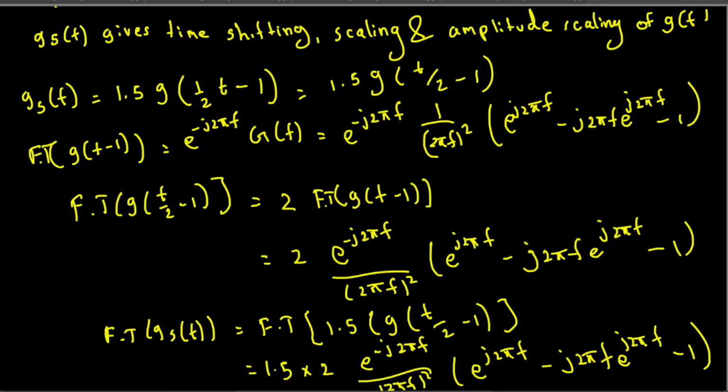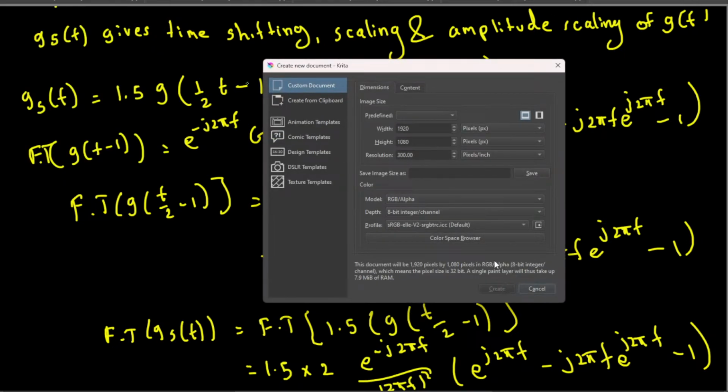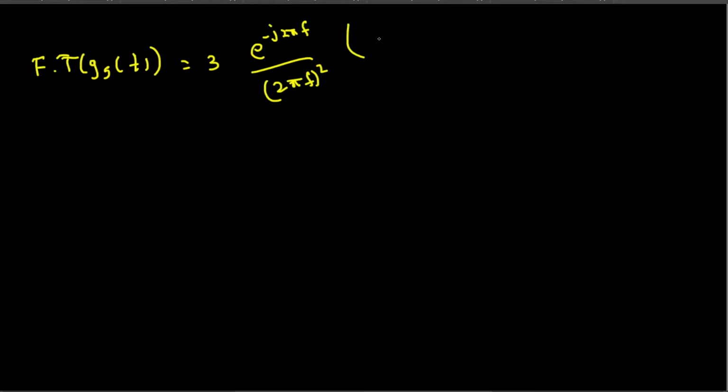I'm going to have to create a new page to show that. But finally, what you're going to have is the Fourier transform of g5 of t: 3 times e to the power minus j 2 pi f divided by 2 pi f whole thing squared, multiplied by e to the power j 2 pi f minus j 2 pi f minus 1.